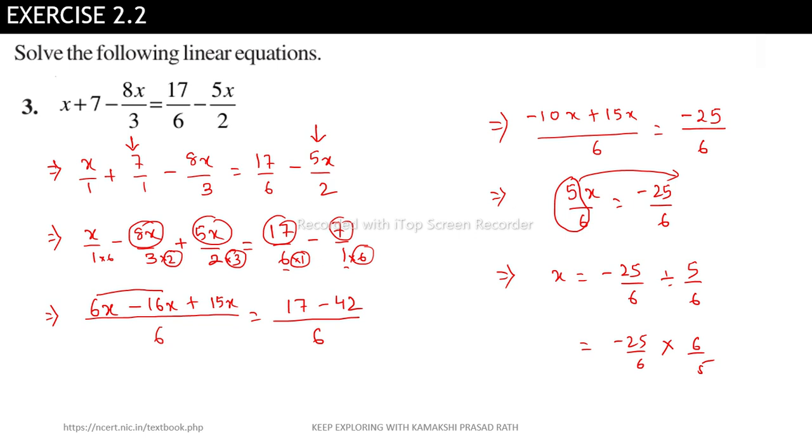Dividing by a fraction is the same as multiplying by its reciprocal. Here 5 by 6 was multiplied on the left side, so 5 by 6 is divided on the right side. So 6 and 6 get cancelled, 5 ones are 5, 5 fives are 25, hence we have minus 5 as the solution. So x equals minus 5 is the solution of the given equation.